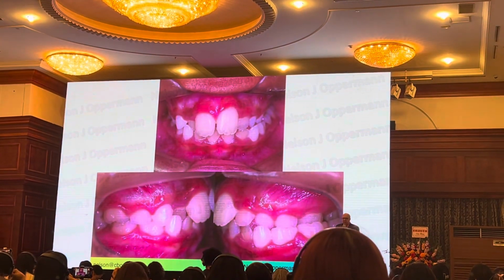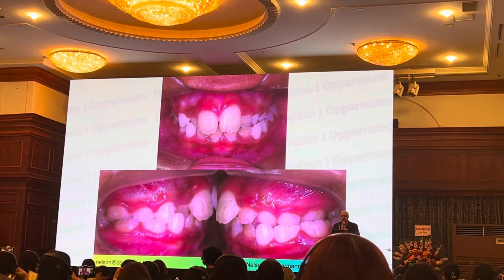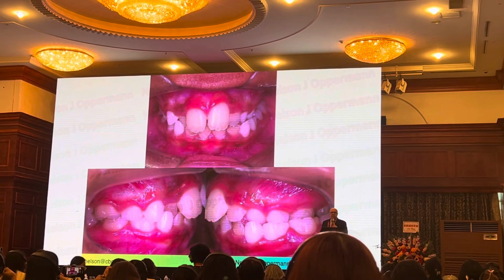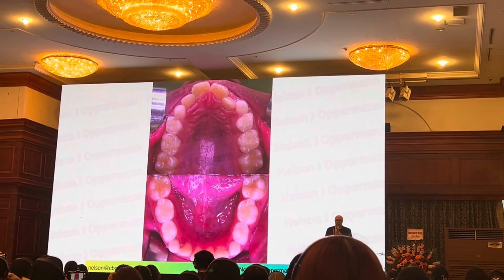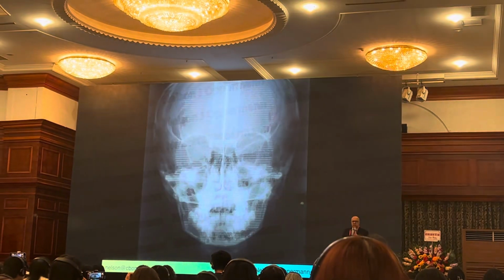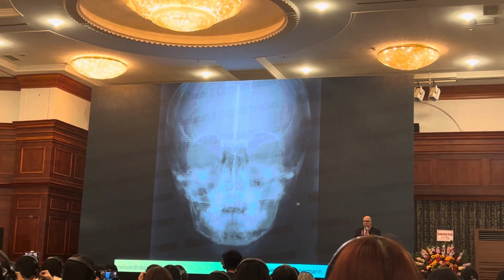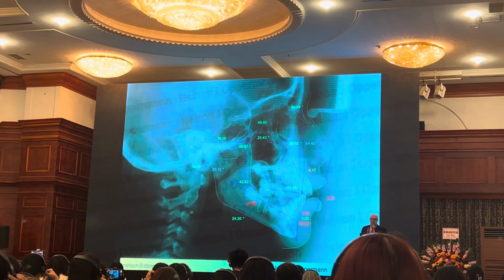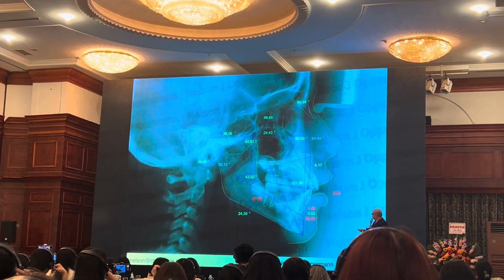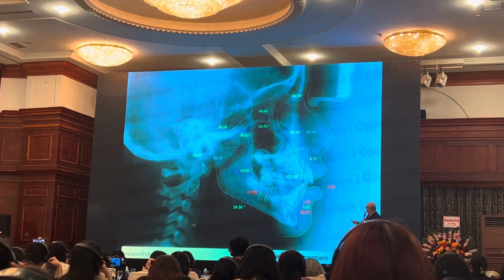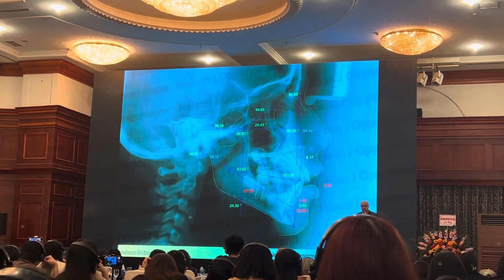I expanded her case, I put the quadrilex, I put fixed brackets, traditional way, okay? So like this. This is her panoramic, frontal, lateral X-ray, no big deal on her tracing, she's just a little convex, with a little short facial height. Facial height is basically okay, not so bad.